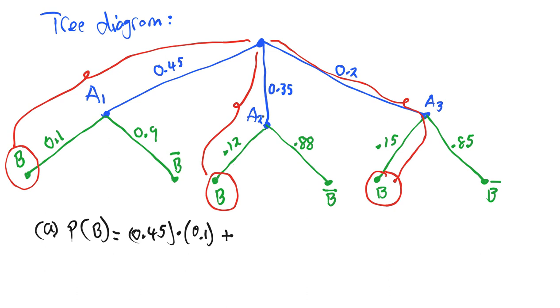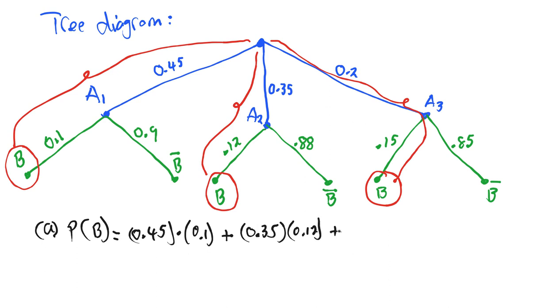So given A2, the probability of failure is 0.12, so we multiply these two. Moving from one branch to another is times, and moving to a completely different path is plus.